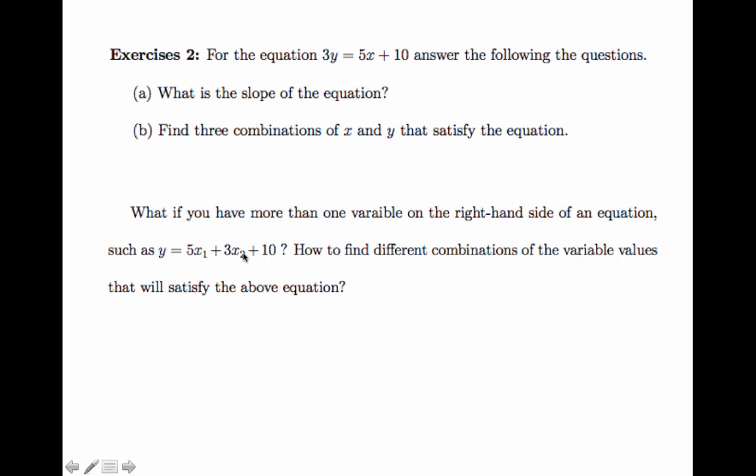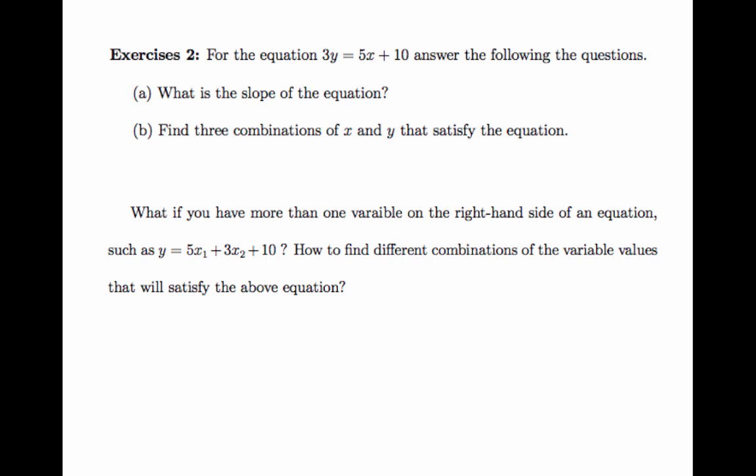To find different combinations of values that satisfy this equation, we can do the same thing as before: plug in different values of the right hand side variables to find the corresponding value of y. For example, if you substitute x1 equal to 1 and x2 equal to 1, what do you get? Take a minute to calculate this.